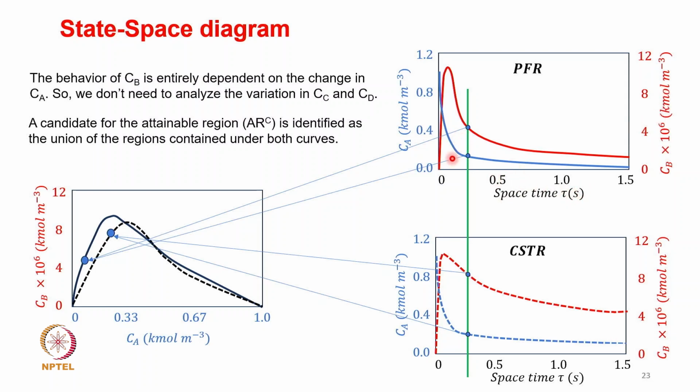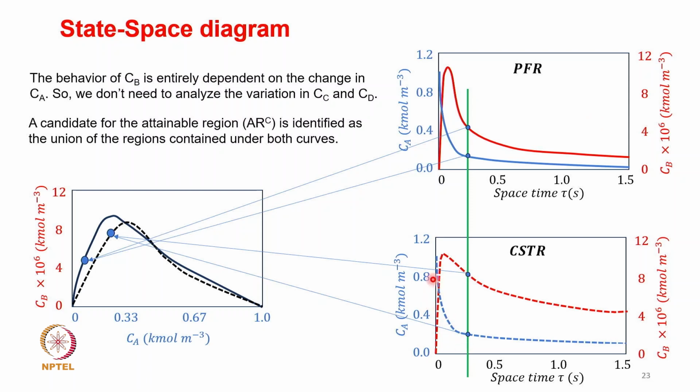What you may see here is that A would keep on decreasing, and B would be generated at a certain time, and then it would be decomposed or used in synthesizing C. So, you would see a peak of B over here, and finally it decreases. This is happening in PFR and CSTR also. You see a similar profile.